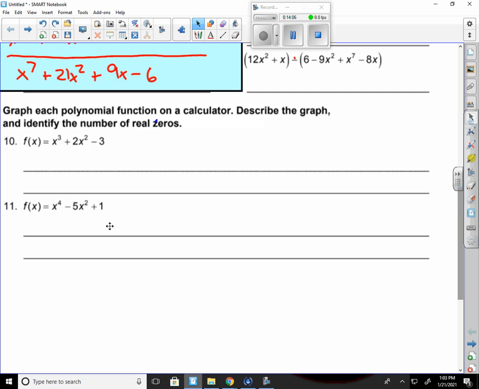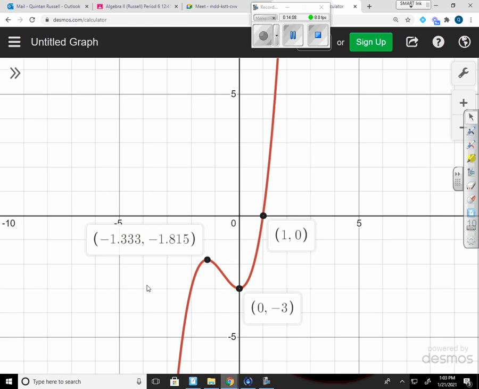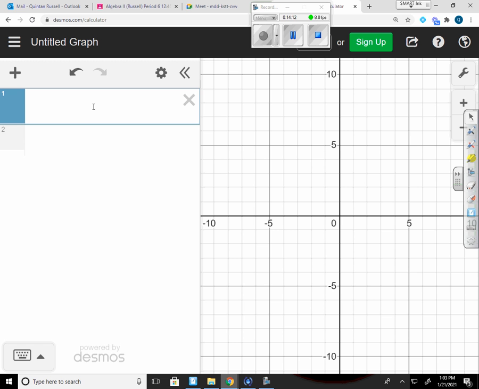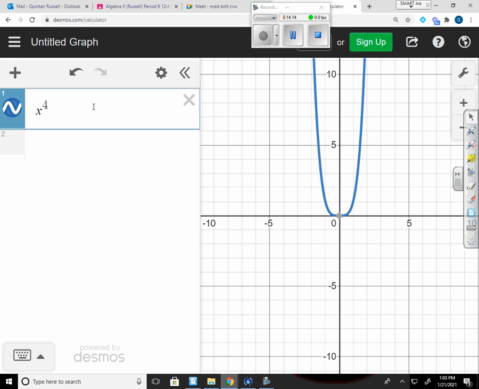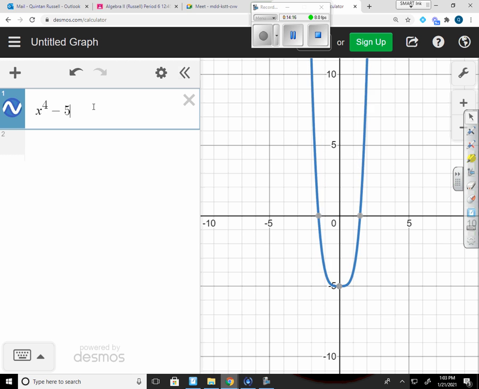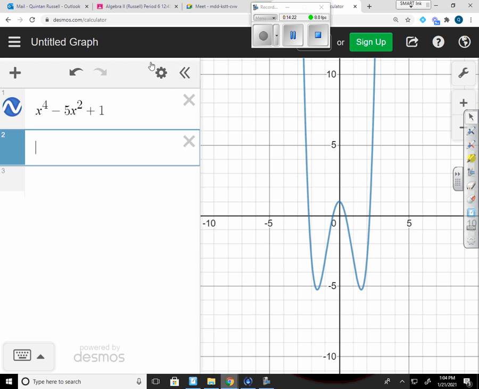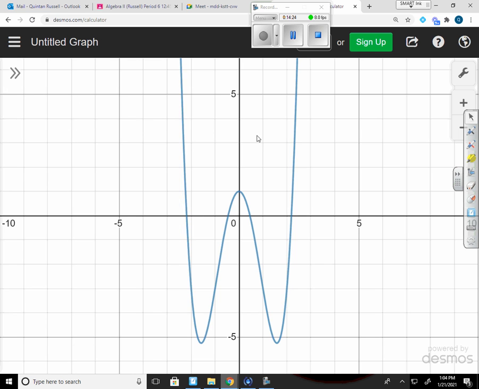Number 11, x to the 4th minus 5x squared plus 1. When I look at this one, I need to look at how many zeros it has. And Desmos provides that for us, basically.